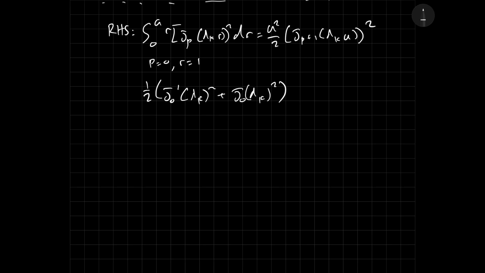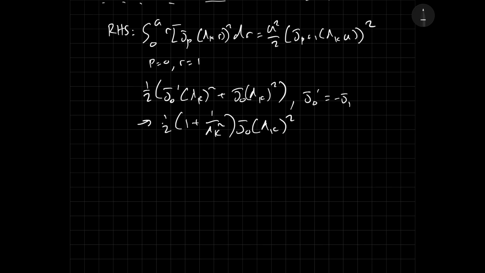And then since j0 prime is equal to negative j1 from our identity table, we can just simply rewrite this as 1/2 of 1 plus 1 over the squared j0 lambda squared.